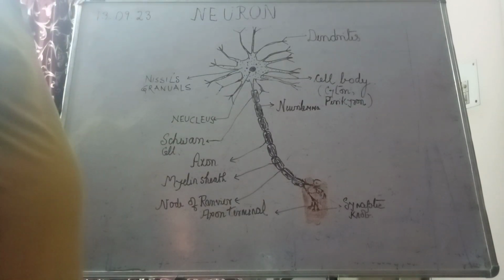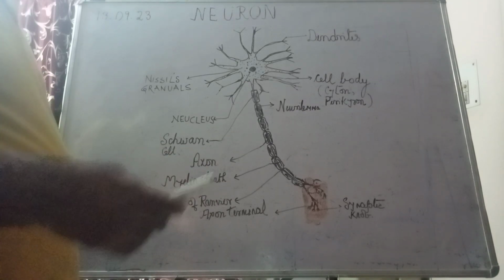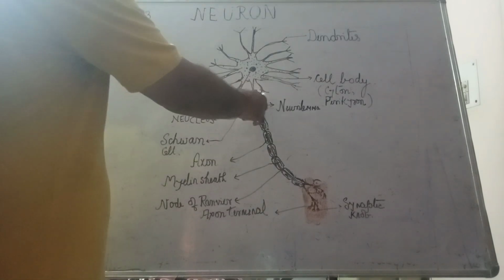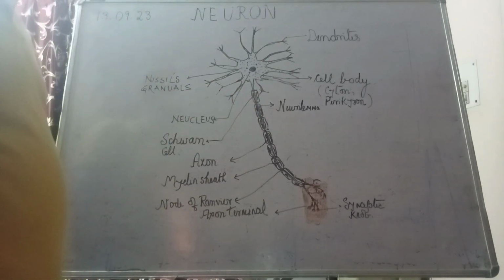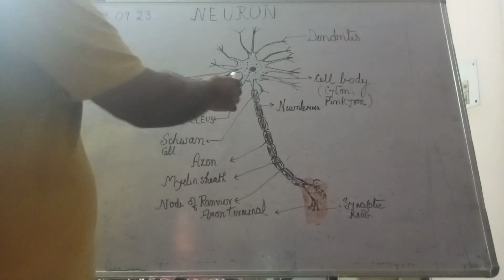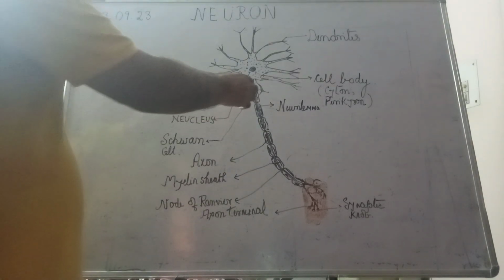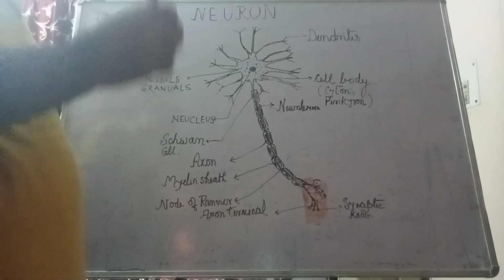The inner portion is occupied by negative ions. Now the positive sodium ions have entered inside, and they have replaced the negative ions. So they have depolarized that particular spot.